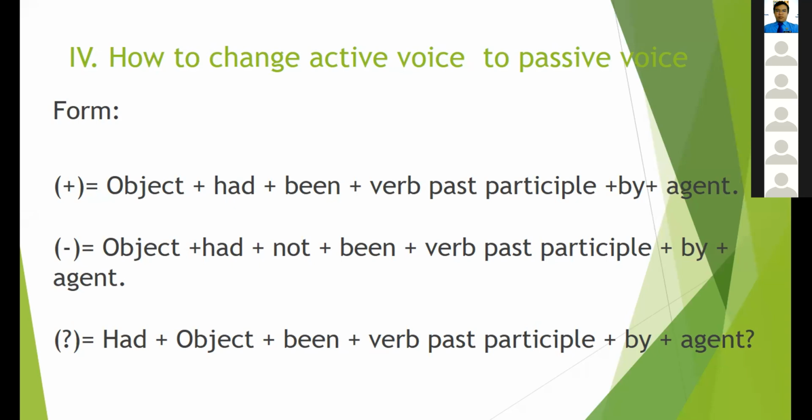So the agent function is just for subject only, or can it be object? Definitely the subject. I'm sorry, subject. So only subject. Okay, subject. Okay, thank you. That's all.